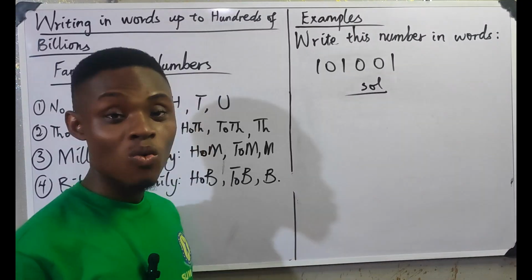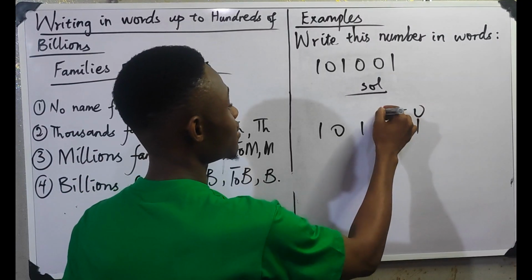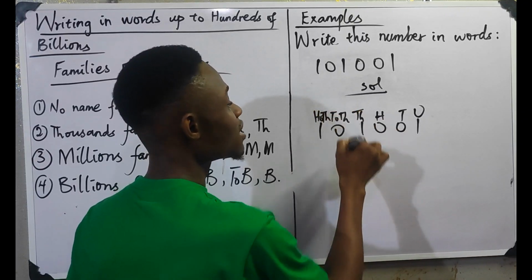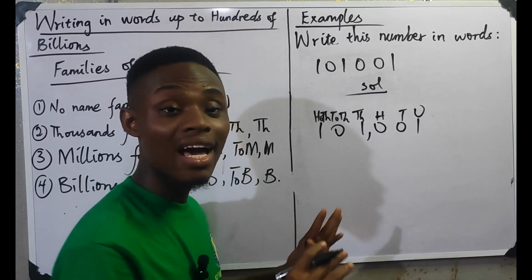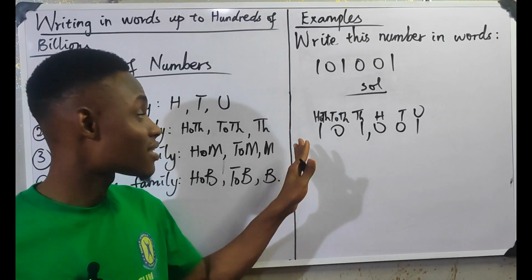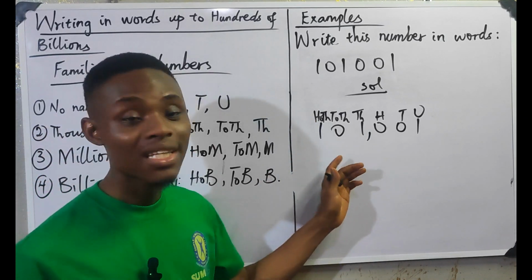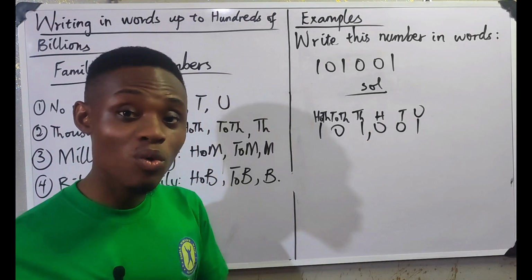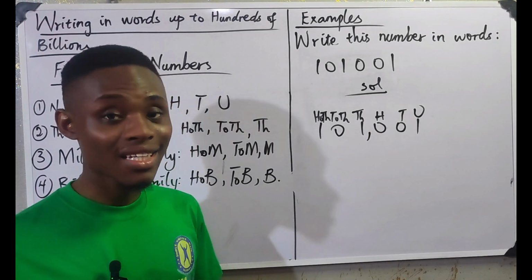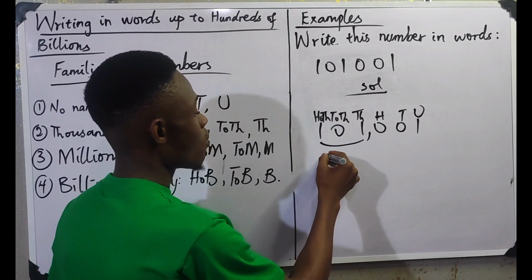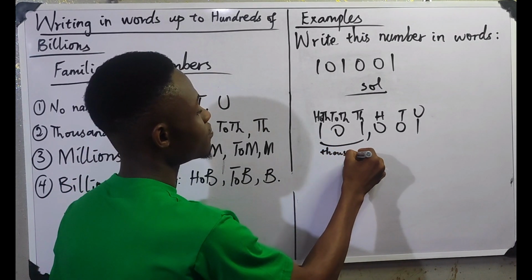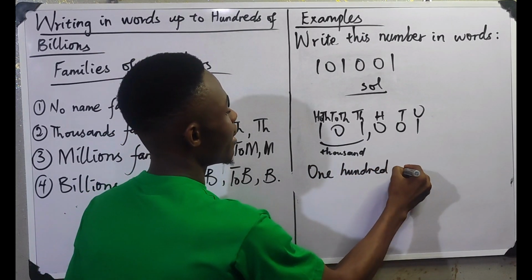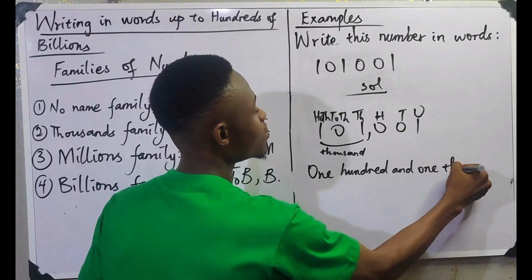To the next example. Wow, I like this one. Unit, tens, hundred, thousand, tens of thousand, and then hundreds of thousand. 1, 2, 3, comma, 1, 2, 3. Okay, I can't put another comma here because there is no other number here. So we have the thousand family and the family with no name. Now, what do you see under the thousand family? 101, right? That is 101. So I'll write it: 101,000.